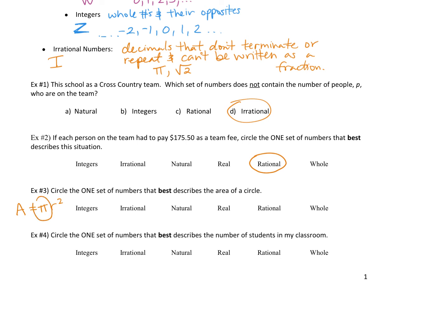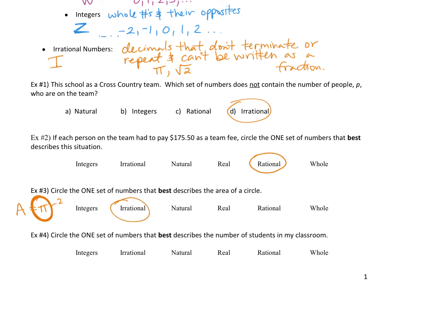Irrational. There's pi in there, right? Now you could round it, and then it would be rational if you rounded, but because we're saying pi times something, that is irrational. Okay?